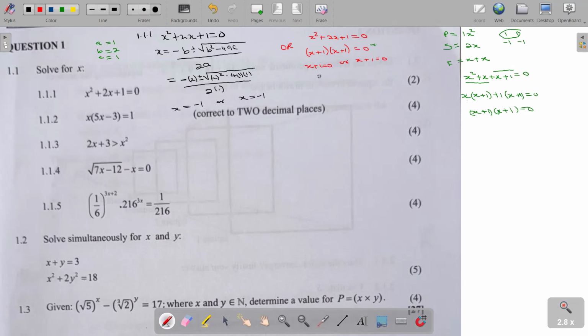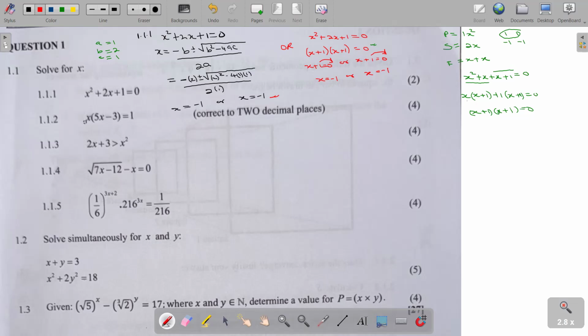Therefore, our x will be equal to a negative 1, or our x is equal to a negative 1. That is after transposing the 1, which gives the answers that we obtained here. We can also use the completing the square method, but we'll talk about it later.